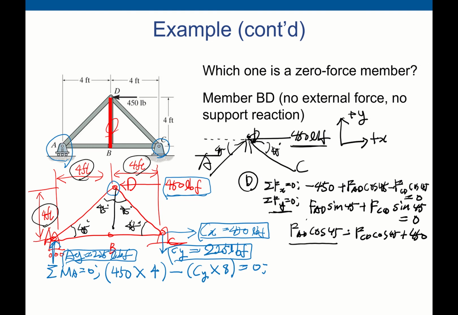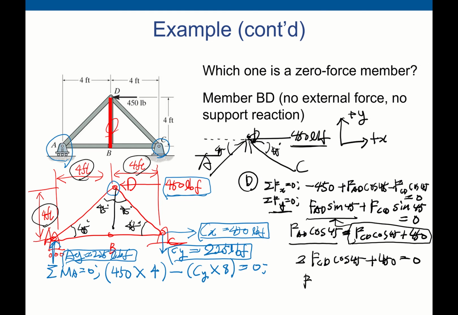Since FAD cosine 45 and FAD sine 45 are the same, we can put this into the second equation. So we can express it like this: 2 times FCD cosine 45, because sine 45 and cosine 45 are the same, so we have a 2 FCD sine 45 or cosine 45, plus 450 is equal to 0.